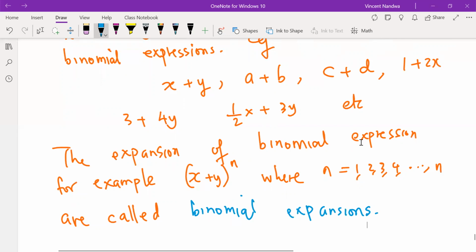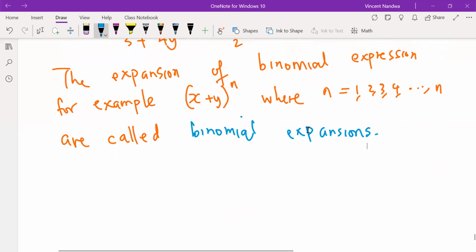So we begin by discussing binomial expansions where n is a positive integer.